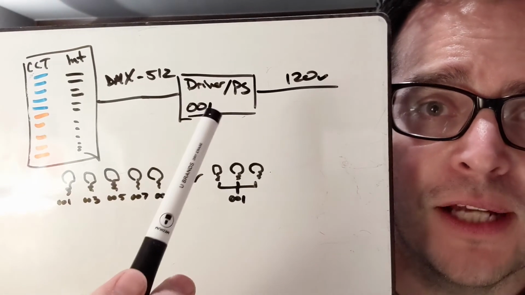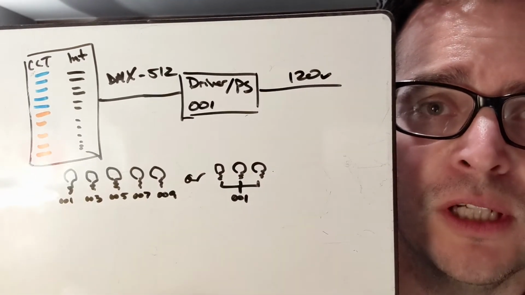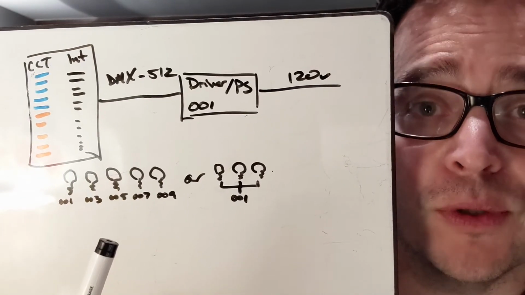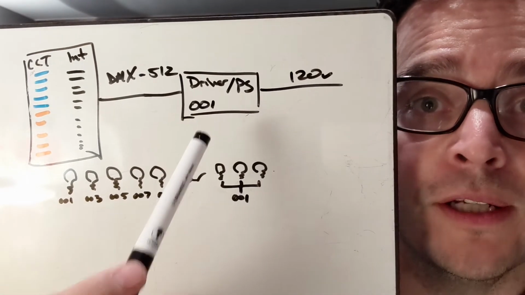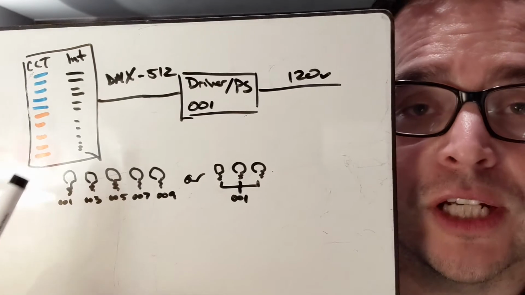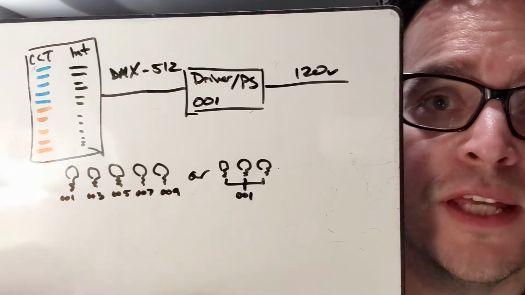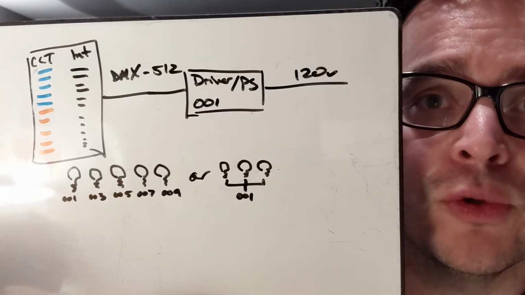Now my power supply driver combo is what's going into this. So the driver is what is doing all the computation for me, and I can have that programmed into a couple different ways. So I've got this set to an address of 001. Channel 1 is going to be controlling a blue leg, channel 2 is going to be controlling a cool leg, and then when I go to function that with intensity, it's controlling channel 1 and 2 both together.